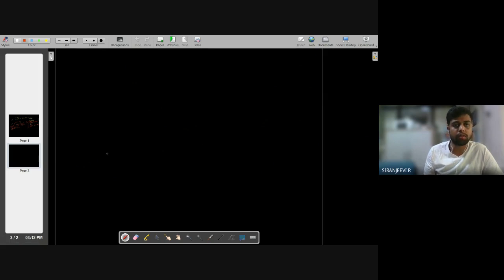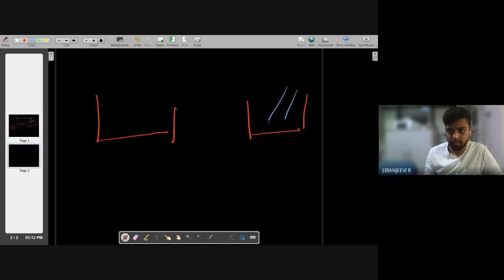When you talk about the standard hydrogen electrode, there are two different things. Here we can talk about the Ag rod, which is suspended in AgNO3 solution.